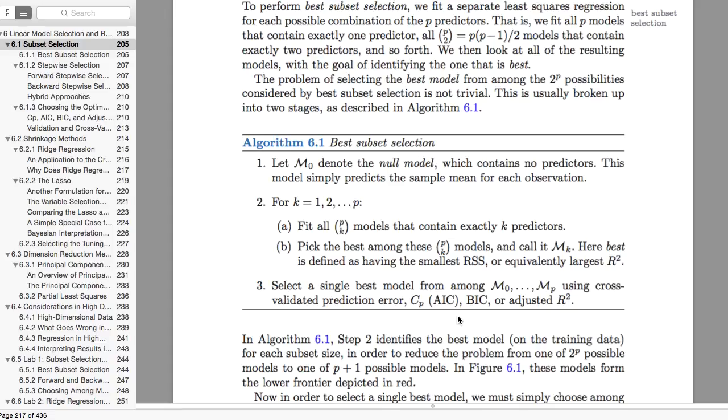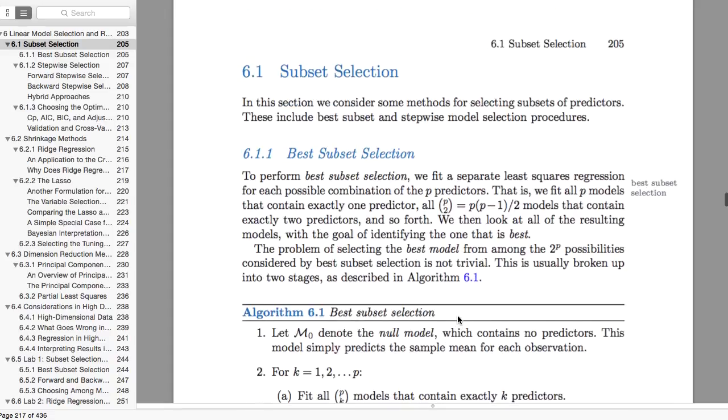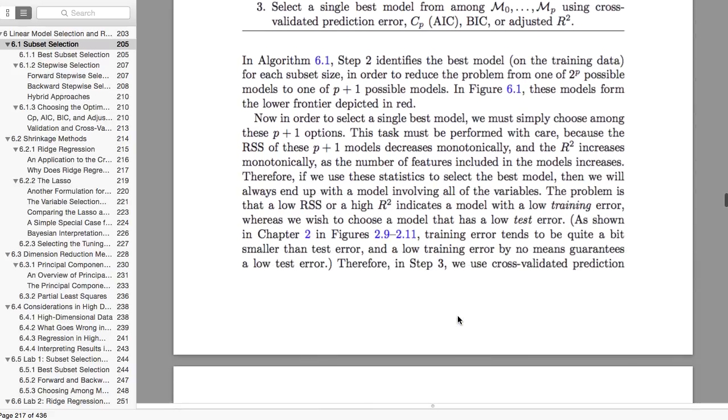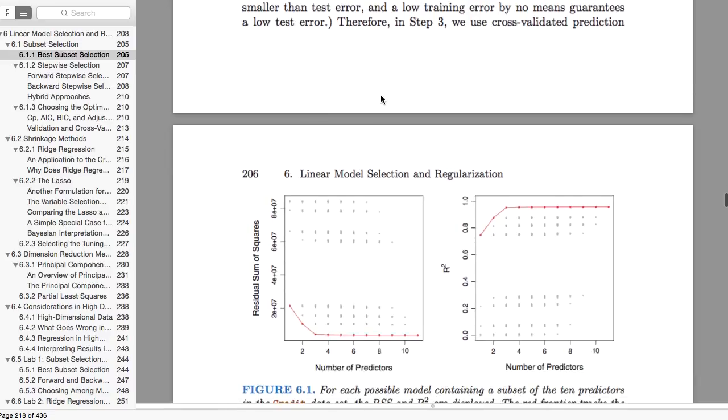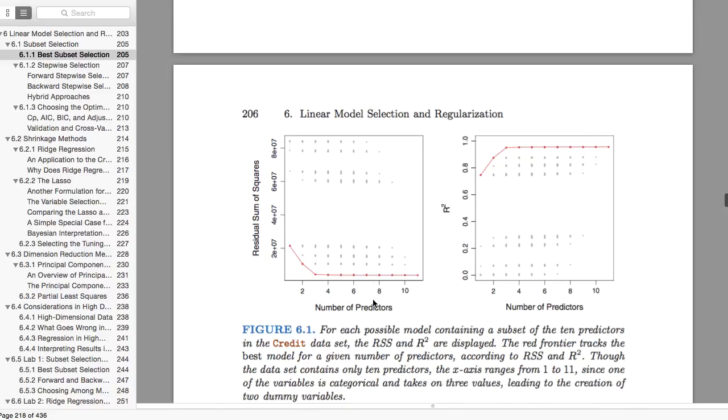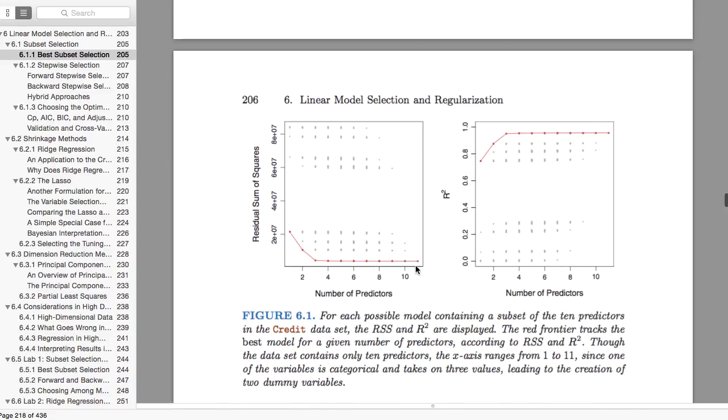Now, the reason that I say that best subset selection is impractical is because we wind up with 2 to the p possible models. Now, if we have a very small number of predictors, that's fine, and we can use either RSS or R squared.